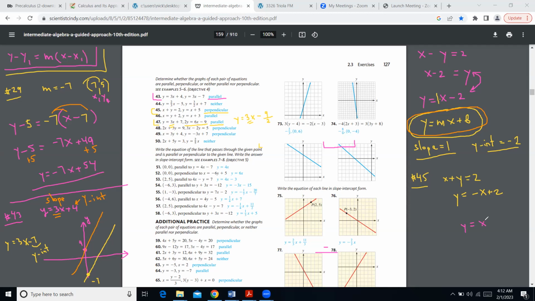So they give us two different equations, and they say that those lines will be perpendicular. Perpendicular. What does this mean?